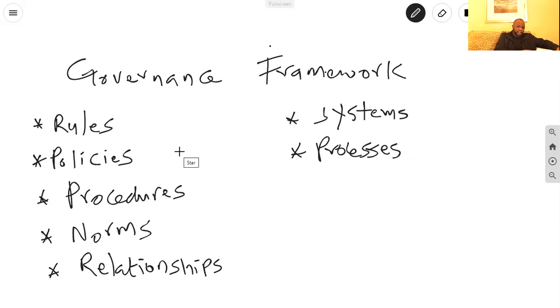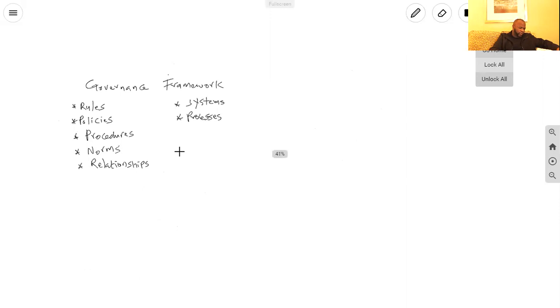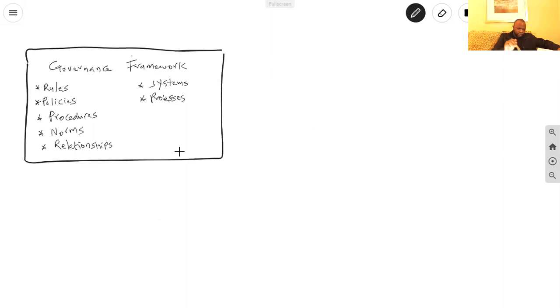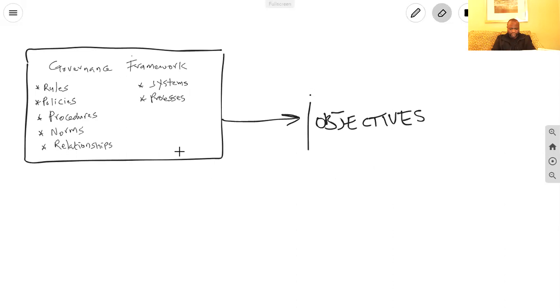It then goes further to say this framework influences how the objectives of the organization are set and achieved. So, objectives, how the objectives are set and achieved.